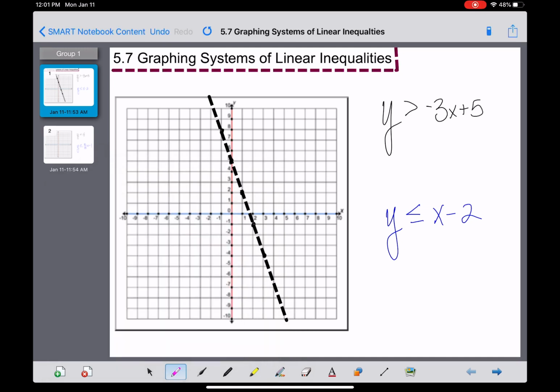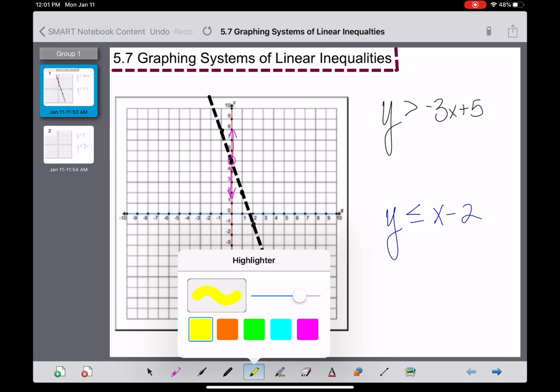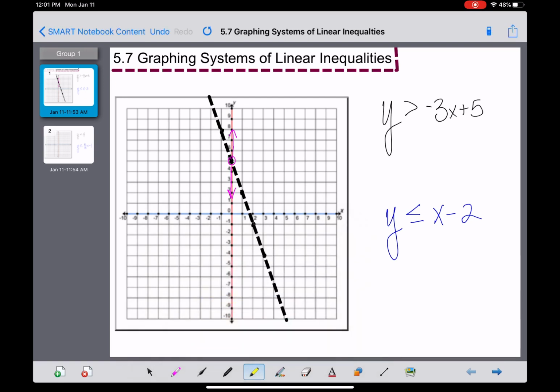So my y-intercept is 5. All the numbers that are above it are greater. The numbers that are below it are less than. So since I want to graph the greater than sign, I'm going to graph to the numbers that are greater than 5. So I'm going to shade in the entire region above my dash line.